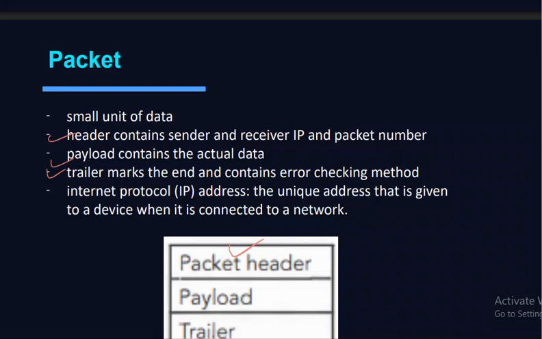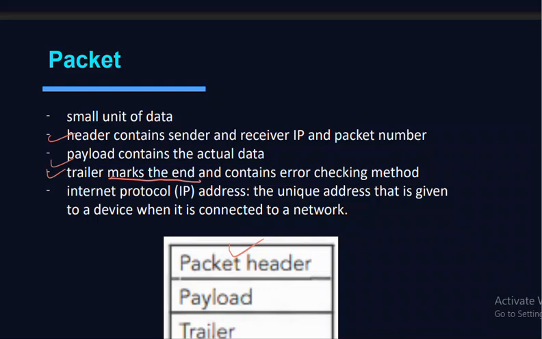The trailer checks the data line by line: whether the receiver's IP matches or is correct or not. That's why we call it marking the end. Marking the end means the sender's and receiver's IP addresses and the packet number are checked, and the payload's actual data is also checked.